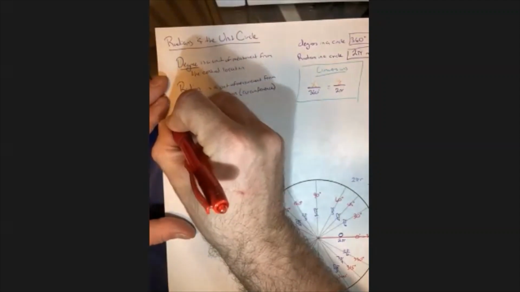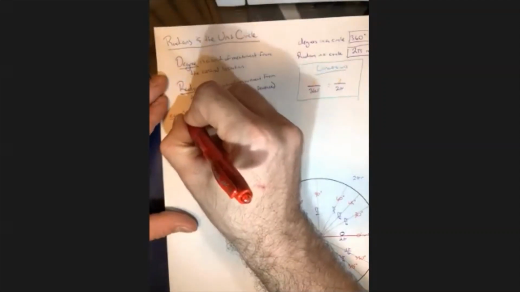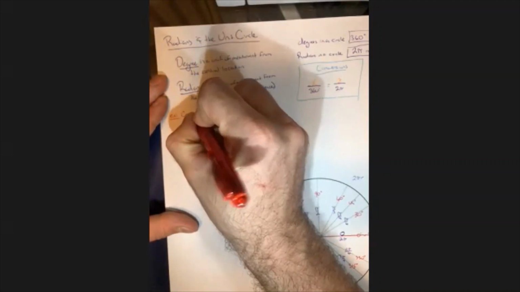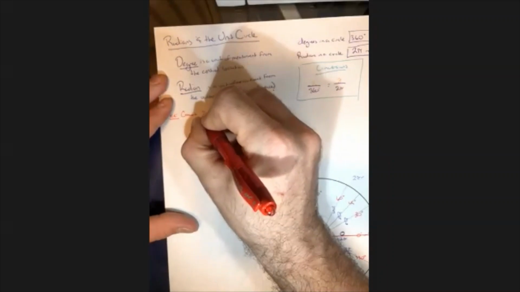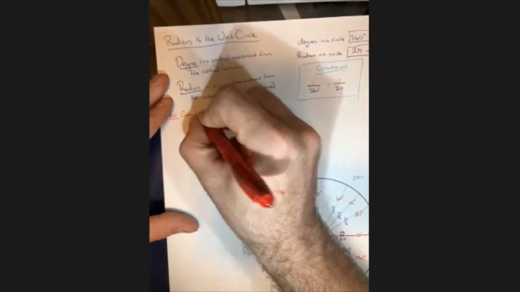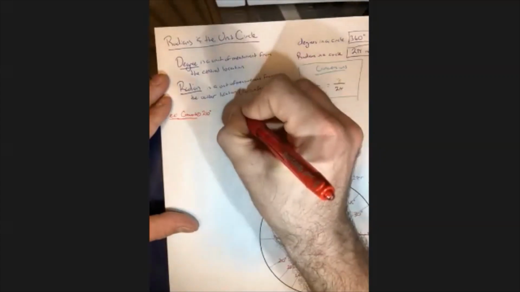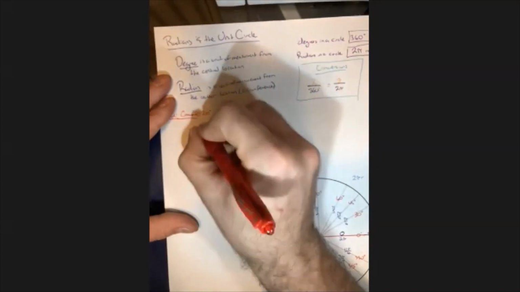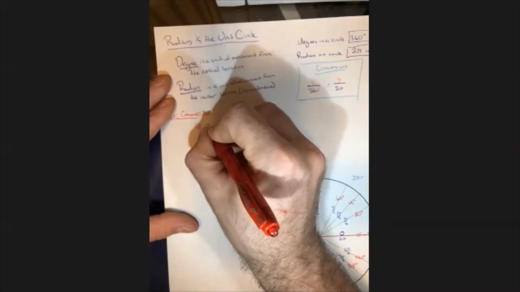So my examples to start are going to be, I need to convert 210 degrees. That's number 1. Let's say my conversion examples. Number 2 is going to be negative 160 degrees.